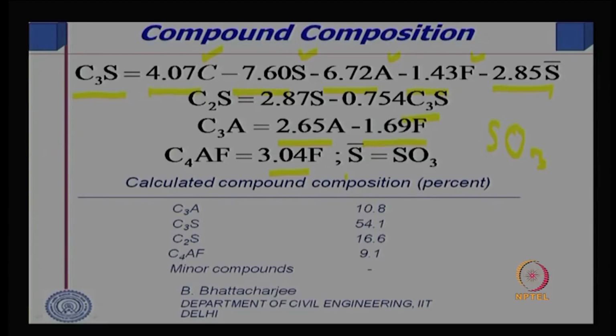So, if you calculate the compound composition from oxide composition, then C3S typically is something like 54.1%, and generally this is observed. C3A is 10.8%. If you take the oxide composition which I have given earlier, you can calculate that C3S might come around 54.1, C2S somewhere there, C4AF will be there, and then minor compounds, etc. So, you can obtain the compound composition from oxide composition using Bogue's equation.